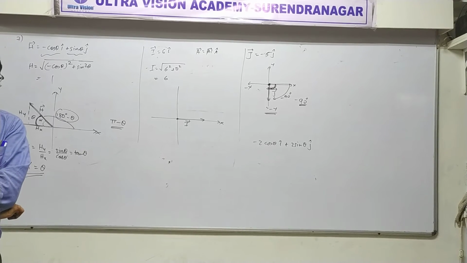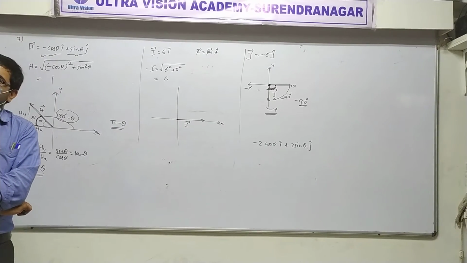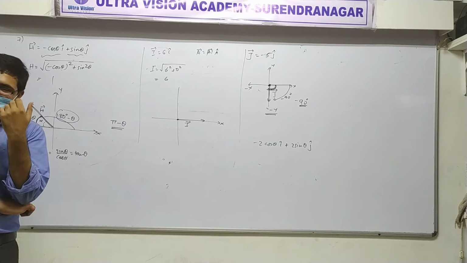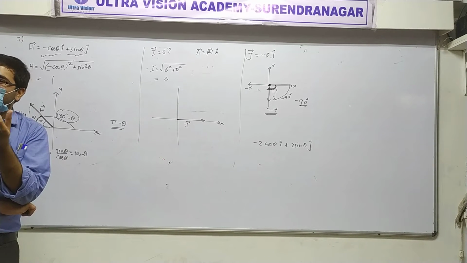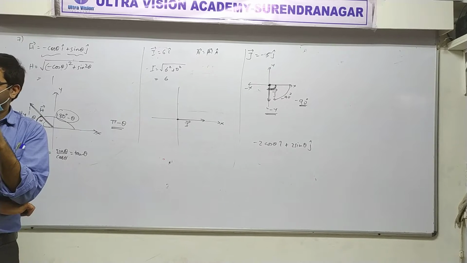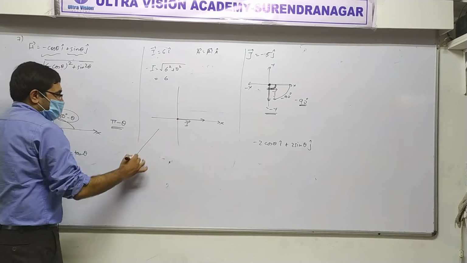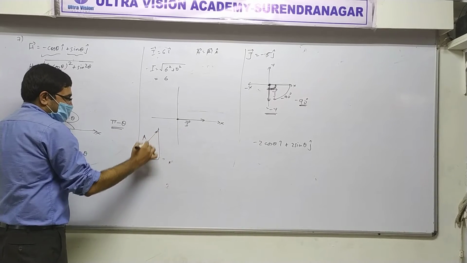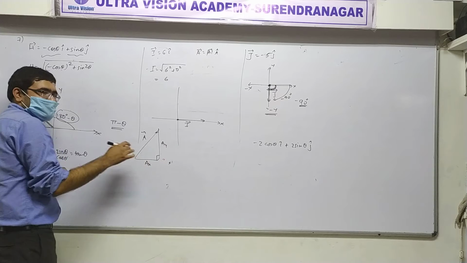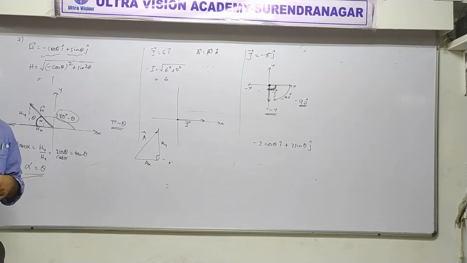Okay. But do you remember that the formula under root Ax square plus Ay square, which gives us magnitude, was actually derived from Pythagoras theorem? You remember how we did it? Then we draw a vector, let's say this is vector A, then this is Ax, and this is Ay. So by Pythagoras theorem we were getting, okay.